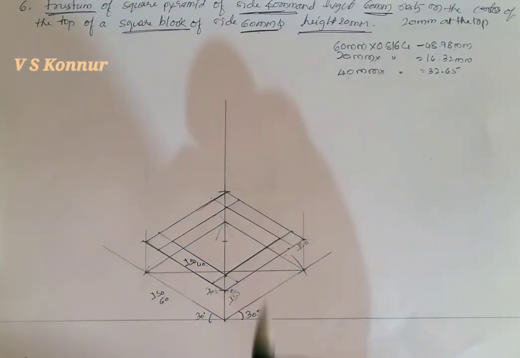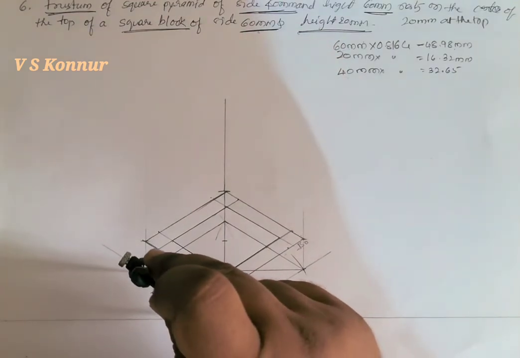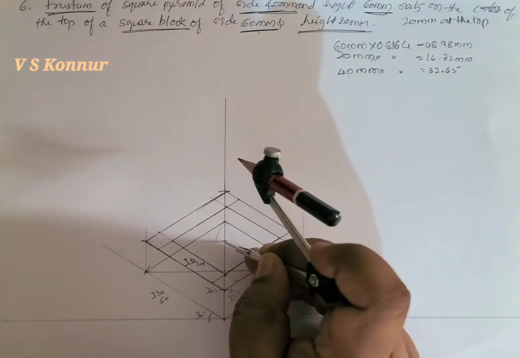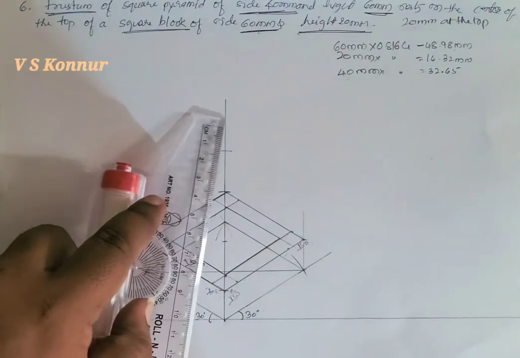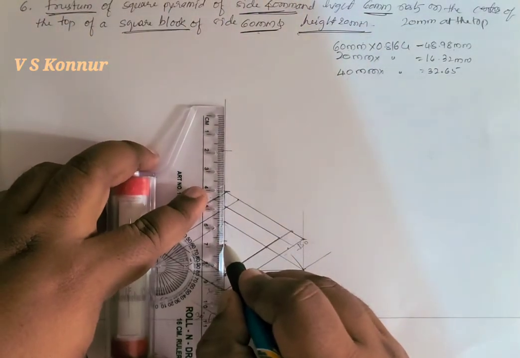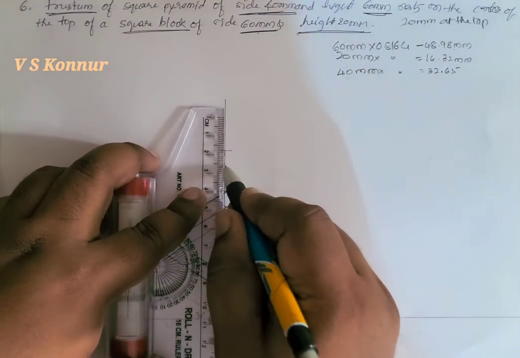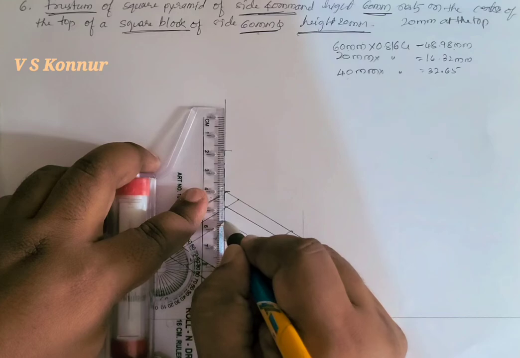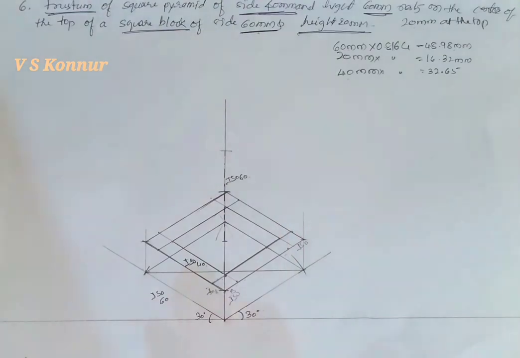Now we'll take the height. The height is 60 mm, and 60 is nothing but 49. We'll take the same distance and cut at the top, from the center. So the height I have taken is isometric 60, that is 49.